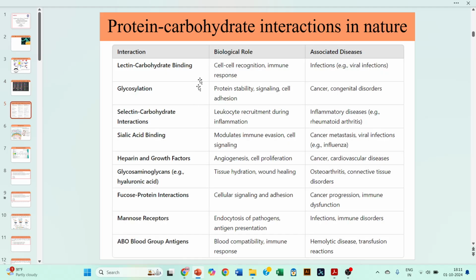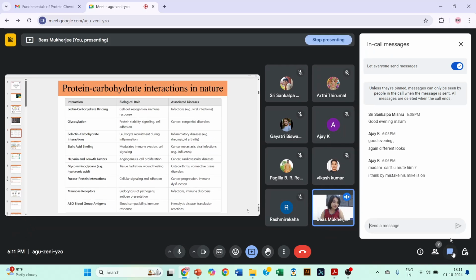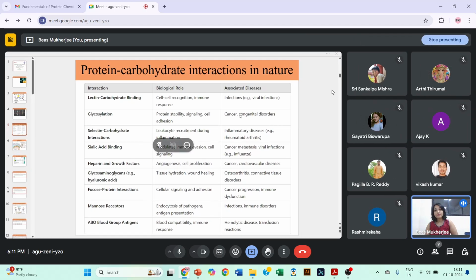These are the different common protein carbohydrate interactions that go on in our body. There is a table given for your help. You can go through all of these. You might already know about all of this, but it's good to just brush up.